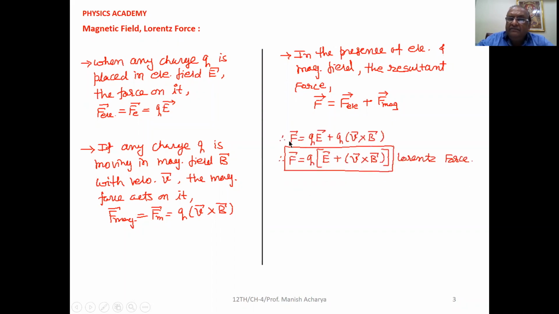So we can write the resultant force F, that is electric force, Q into E, plus magnetic force, Q into V cross B. So resultantly, F equals Q into E plus V cross B, and this particular resultant force on the charge Q in the presence of electric and magnetic field both is called Lorentz force.